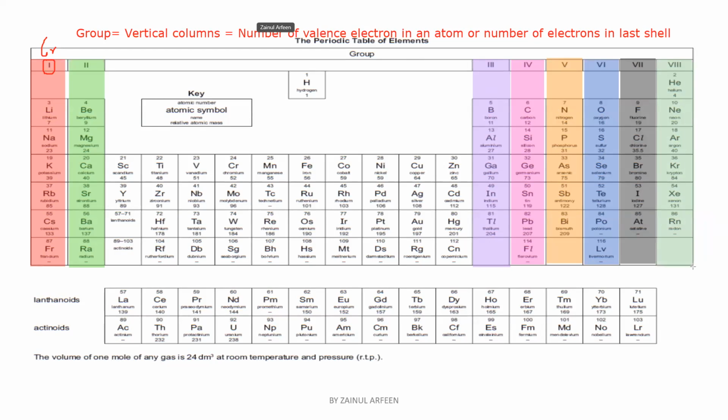So these are the 8 groups. In a periodic table you will find 8 groups.